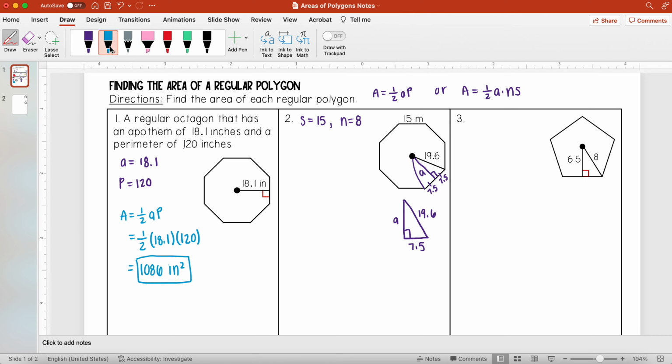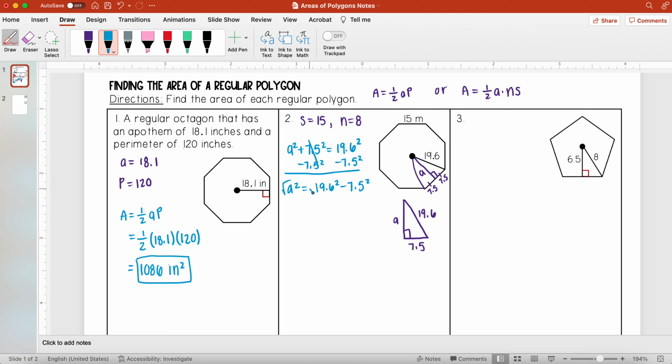So to find what A is, I just need to use the Pythagorean theorem. So I have A squared plus 7.5 squared is equal to 19.6 squared. Then I'm going to subtract 7.5 squared from both sides. And so I have A squared is equal to 19.6 squared minus 7.5 squared.